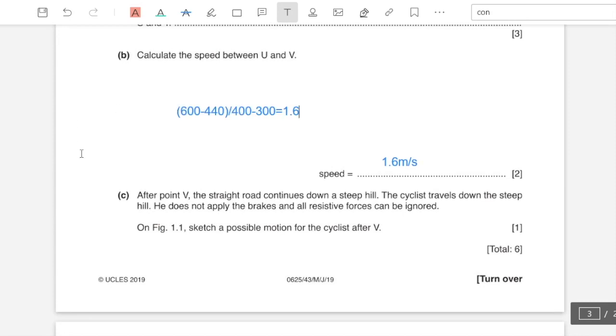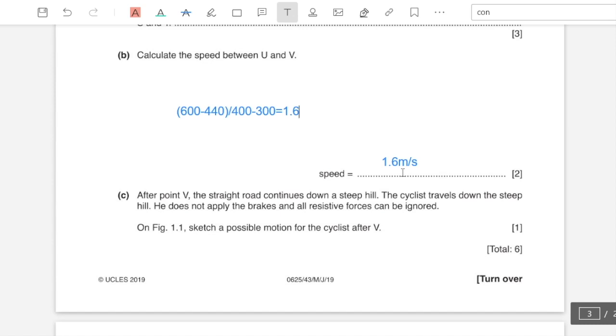Alright, C. After point V, the straight road continues down a steep hill. The cyclist travels down the steep hill. He does not apply the brakes and all resistive forces can be ignored. On figure 1.1, sketch a possible motion for the cyclist after V. Since this cyclist is cycling down a hill, he is going to be accelerating because as the height decreases, gravitational potential energy also decreases.